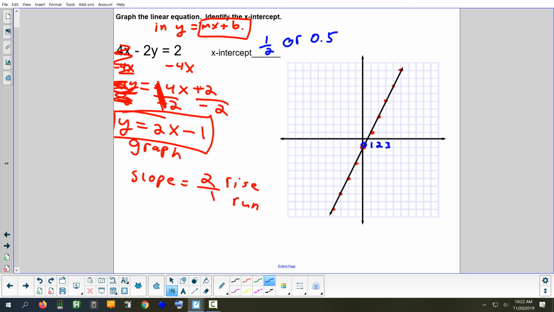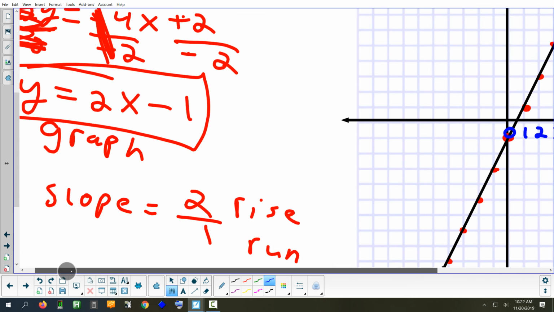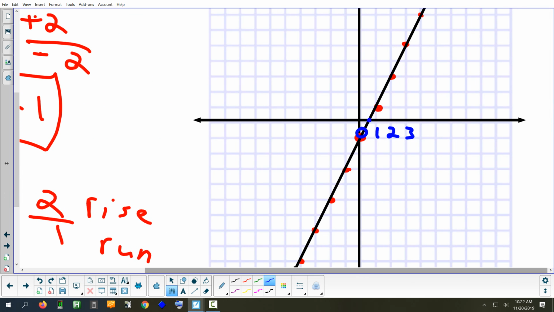That's as bad as the X-intercept will ever be. Other than that, it will always be a nice number: 1, 2, 3, 4. Why is it a half then? Because it's in between 0 and 1. I thought it was negative. Wait, this is the X-intercept. You're looking right here, right? Oh, okay, now I see. That's why I got confused. Yep.